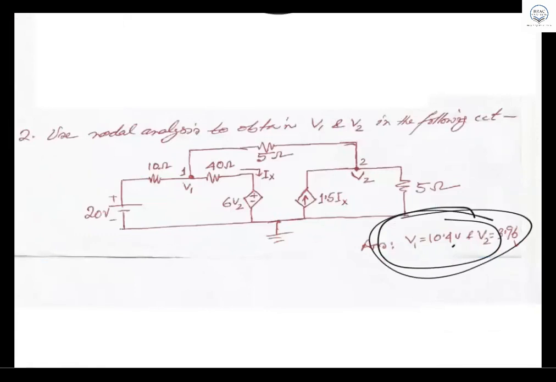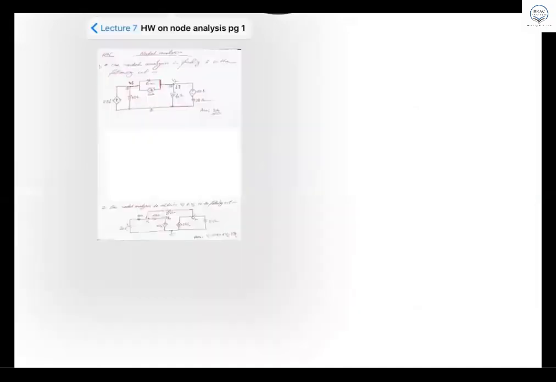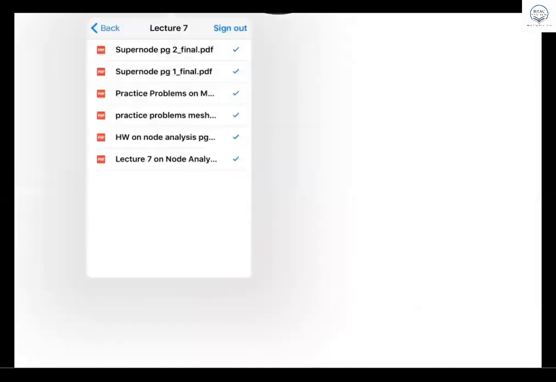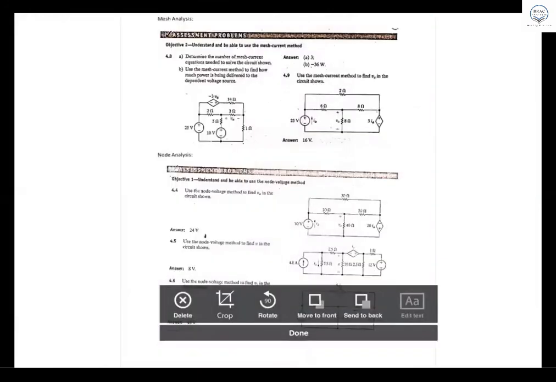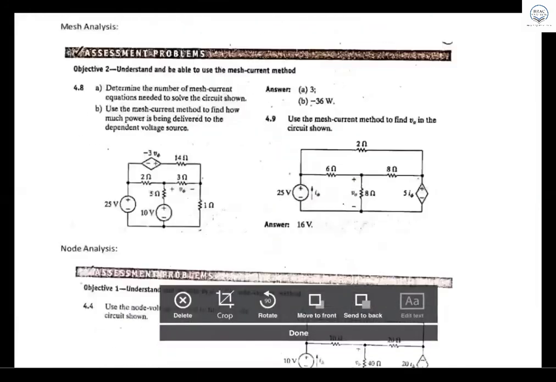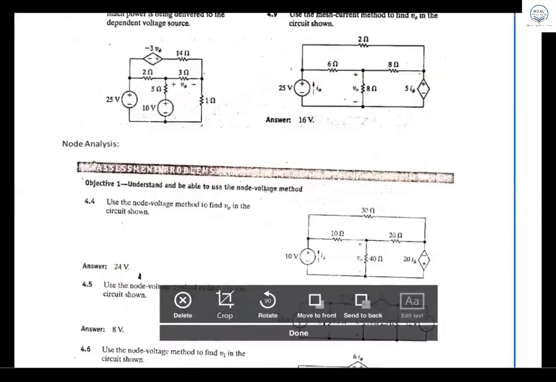These two problems are there for you to solve by yourself, and the other practice problem you have to solve: there are some questions here, you can see these questions, one part is mesh, and this one is node. So you solve the node part.